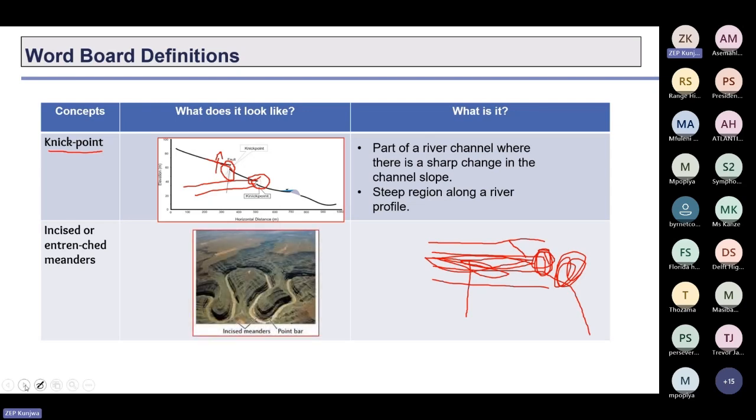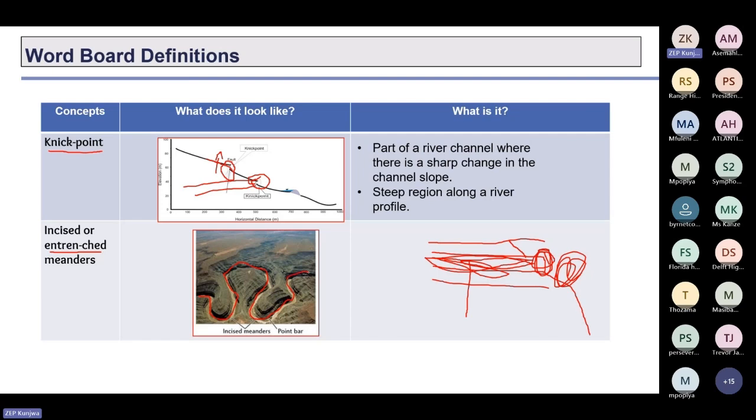And then you have what we call the incised meander, or what we can say the entrenched meanders. Now, the meander is the bending of the river. Obviously, when you see that, you already know that you're in the lower course.